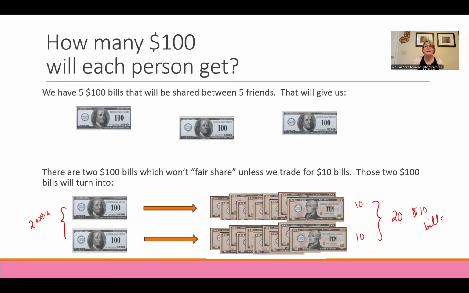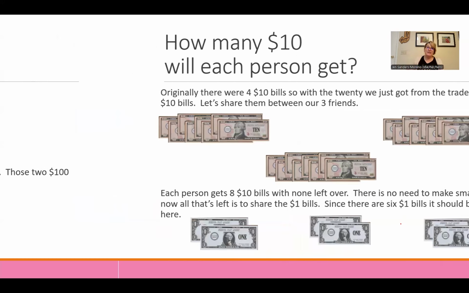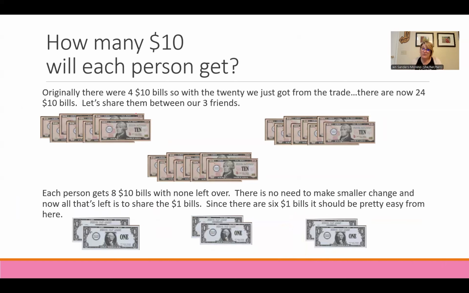You with me? Okay, so let's talk about those $10 bills then. All right, so originally we had 4 $10 bills. We just got 20 more. So now we have 24 tens. So if you can imagine, we're going to pile out and count out those 24 into 3 piles. Or we would take 24 and imagine dividing it by 3. Okay?